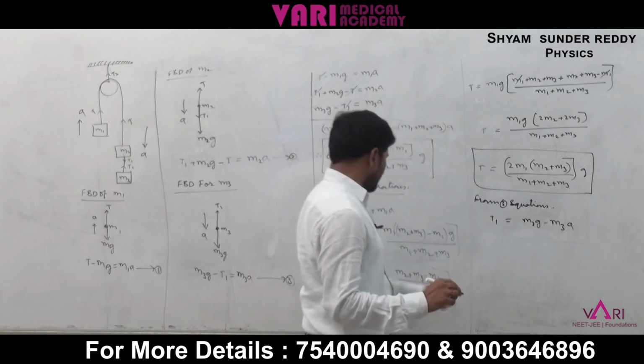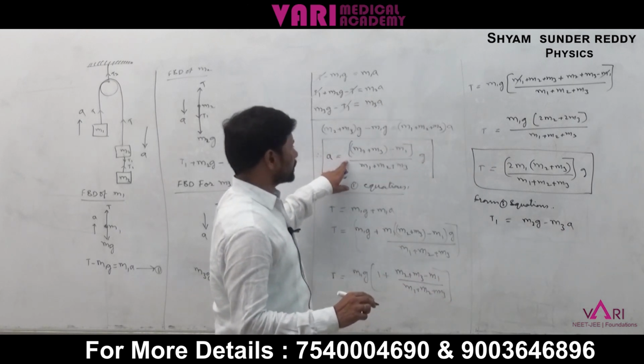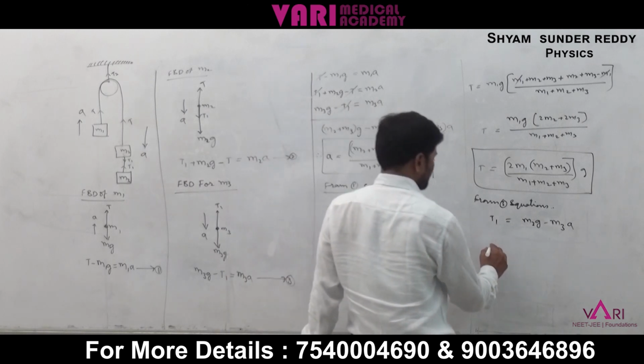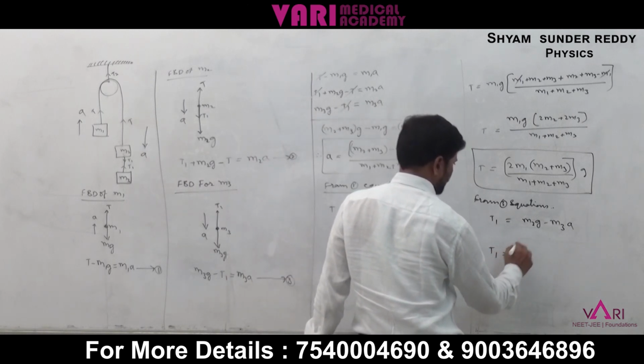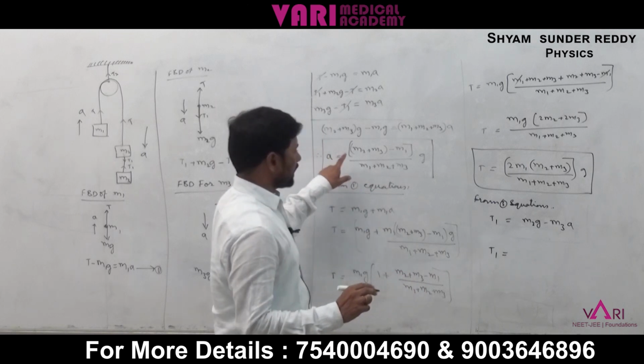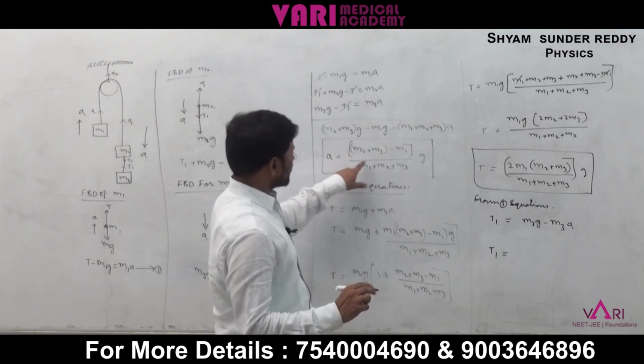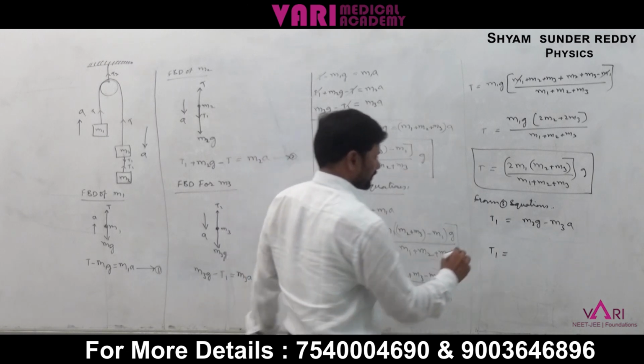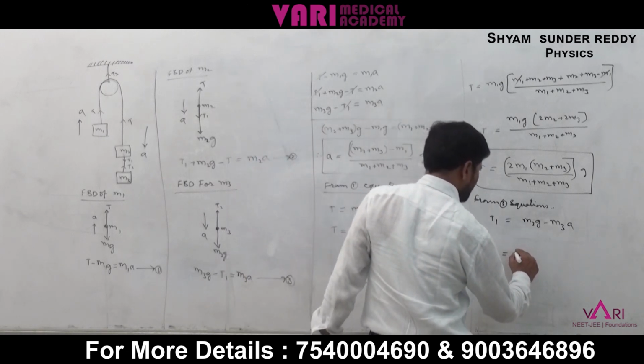Just substitute the a value here. A is equal to this value, we need to substitute here. Then T1 is equal to, what can we get as common? m3g is the common.